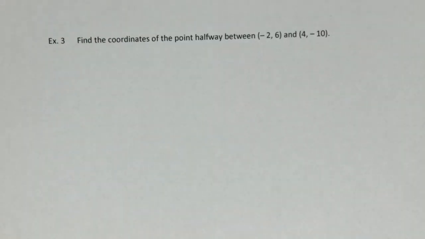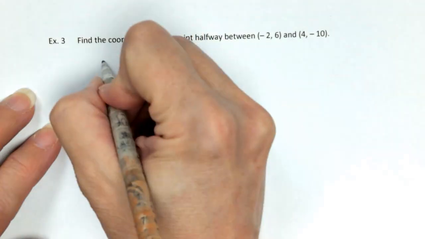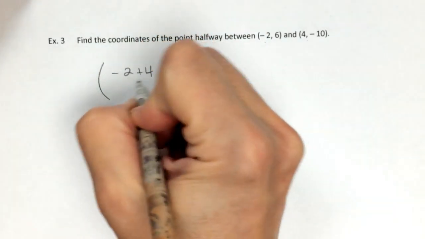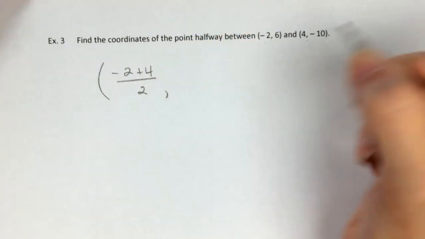There we go. Okay, so there are the 2 coordinates. We're going to use the formula. Okay, so the midpoint is, add the x's, so negative 2 plus 4, and divide by 2.